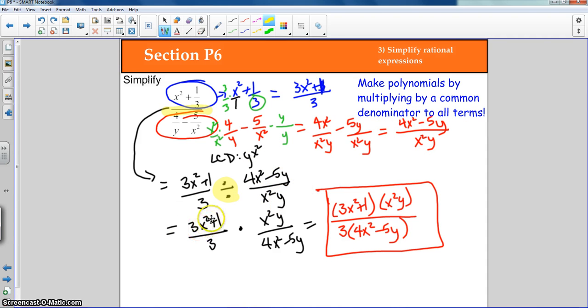And then we discussed in the last video that division is really multiplication by the reciprocal. So I just changed it to multiplication by the reciprocal and did the multiplication as normal to get my final result. Easiest thing with big expressions, break it into pieces that you know. And so that concludes section P6.